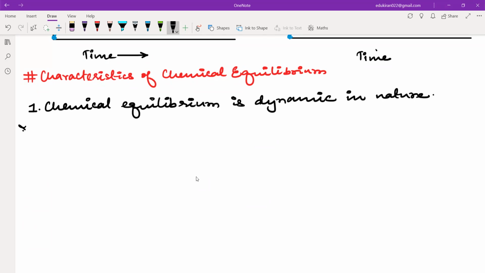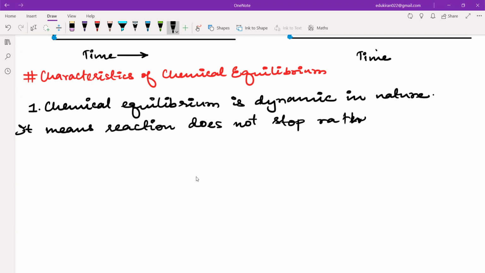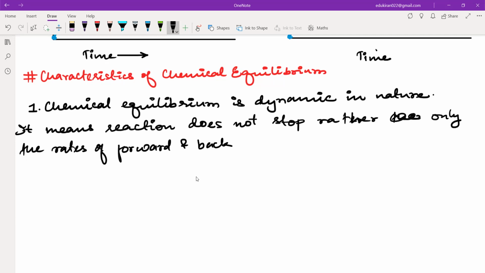What does it mean? It means reaction does not stop, rather only the rates of forward and backward reactions become equal.